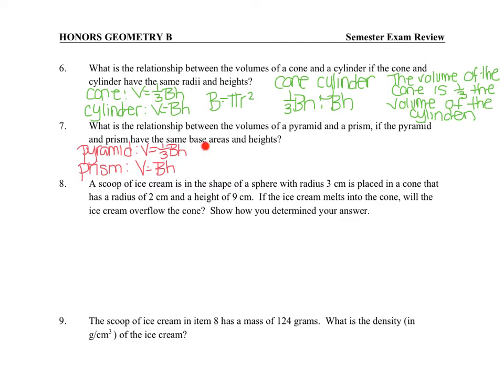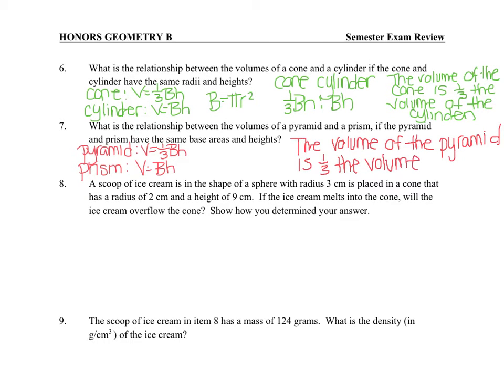Well, since they have the same base areas and the same heights, again, we see the same relationship as number 6. The volume of the pyramid is 1/3 the volume of the prism.